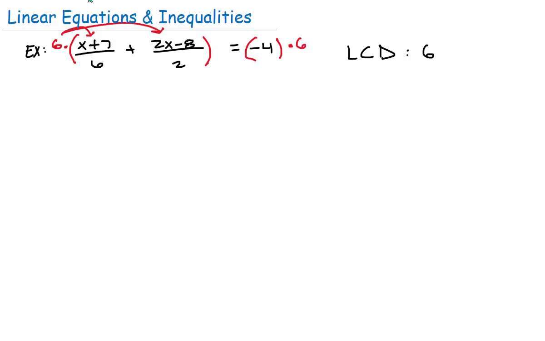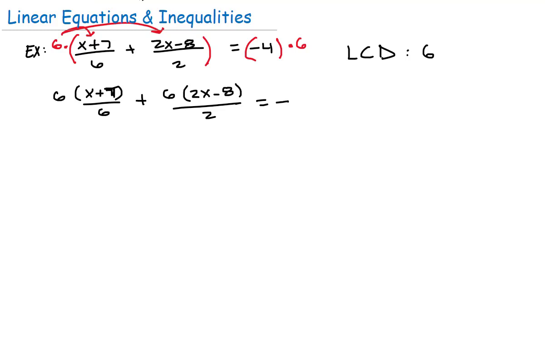So we're going to distribute it first, then we'll do some canceling or dividing. So we have 6 times the first fraction, x plus 7 over 6, and then we have also the 6 times the second fraction. So that's the tricky part, where sometimes we might want to divide it out or cross it off, but it's not actually gone until we do this division all the way through.